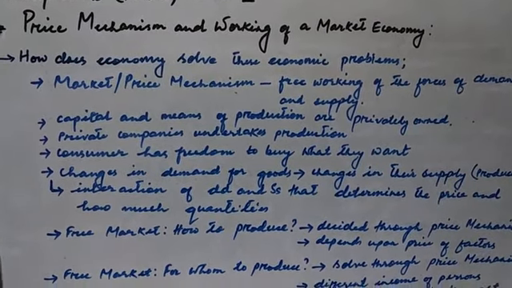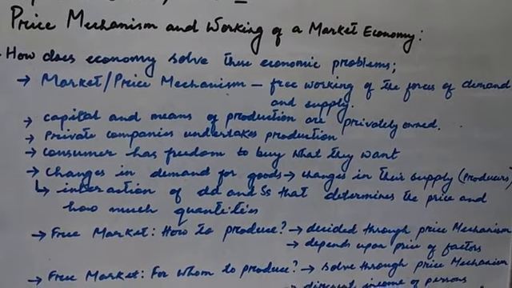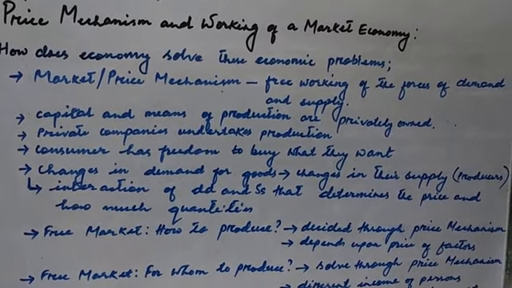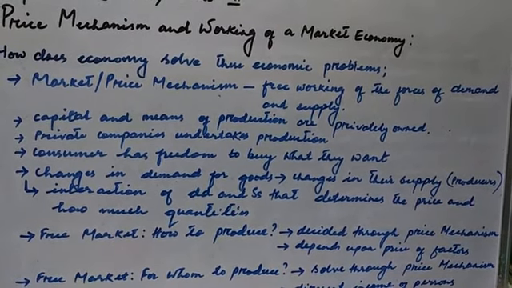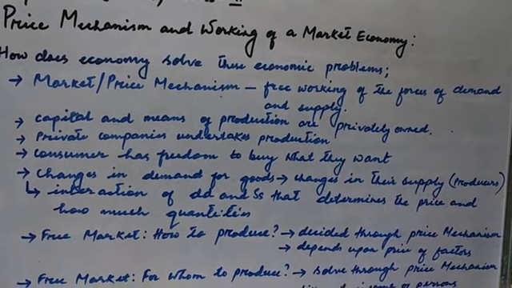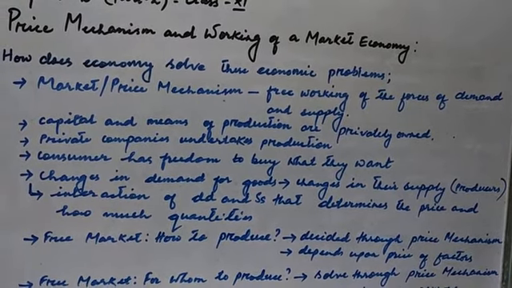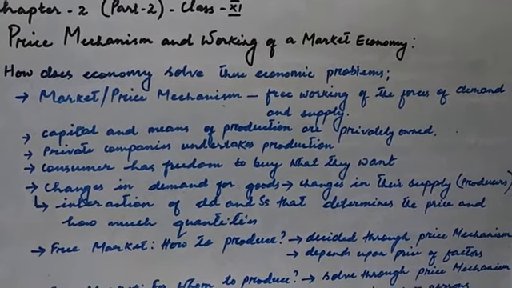Even capitalist countries such as England, USA, and France, the government intervenes in the economy and regulates from time to time, working hand in hand with the market mechanism. Government will intervene directly or indirectly to regulate the market economy.